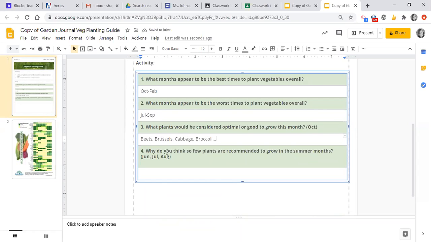Okay, and finally, number 4, why do you think that so few plants are recommended to grow in the summer months? Like we said before, anywhere from July, August, September, June. Why are these bad months to grow things?